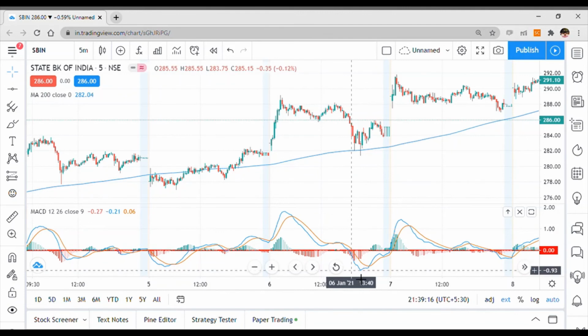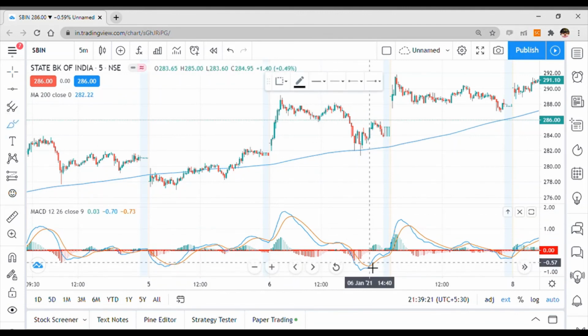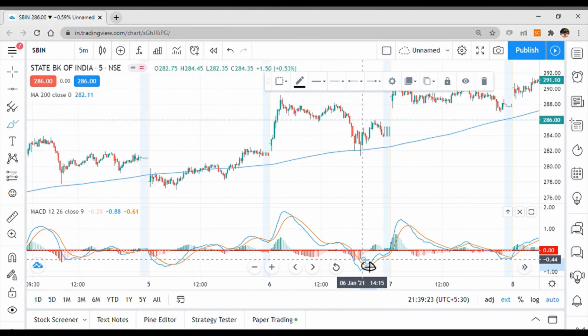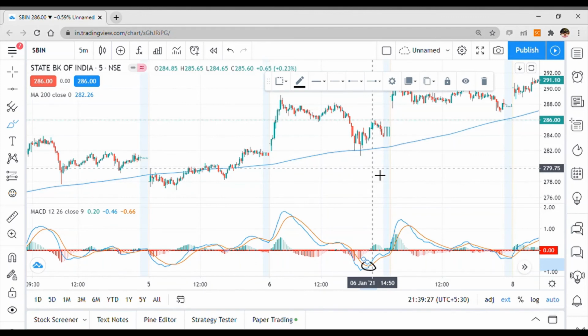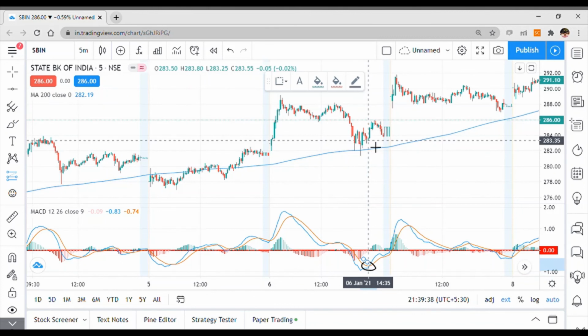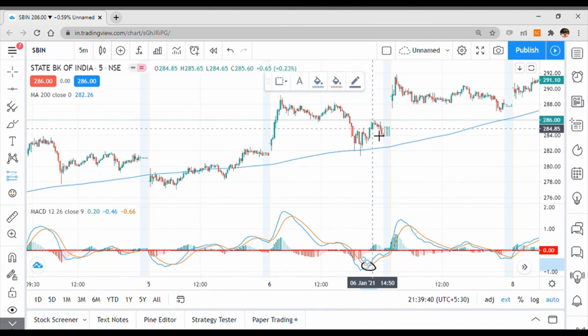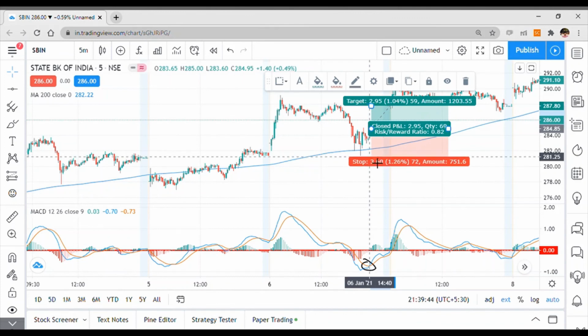So here we got a buying opportunity. See, this one. I will enter around here, and my risk to reward is 1:1.5. So I'll take a long position around this point, and my stop loss will be below the swing pullback, that is swing low.